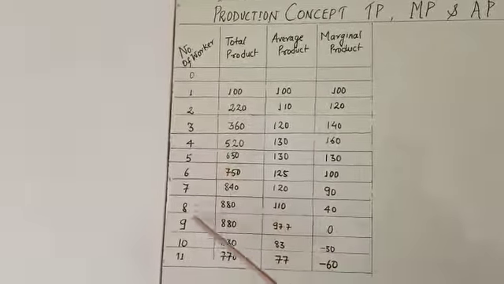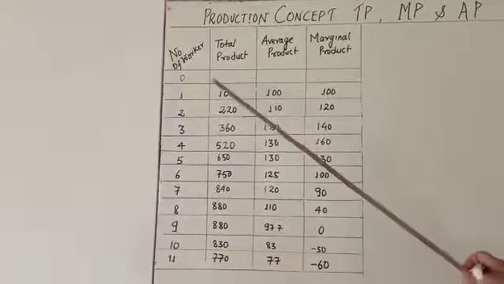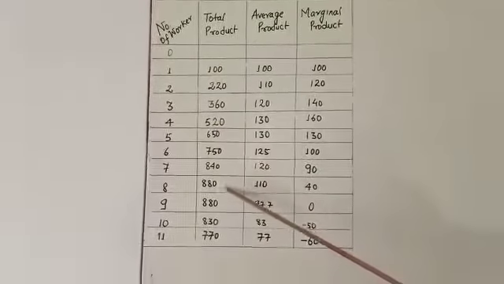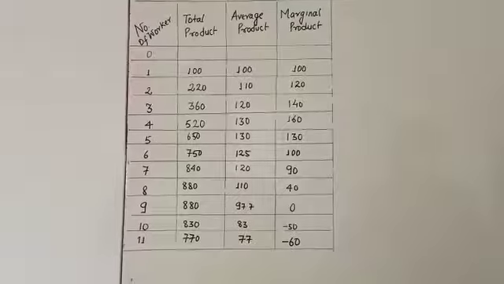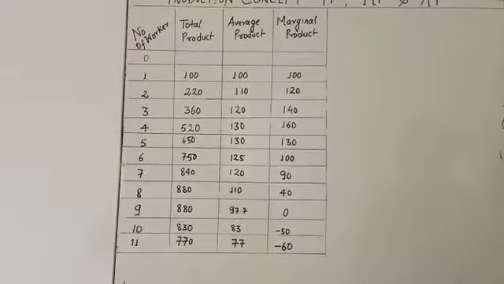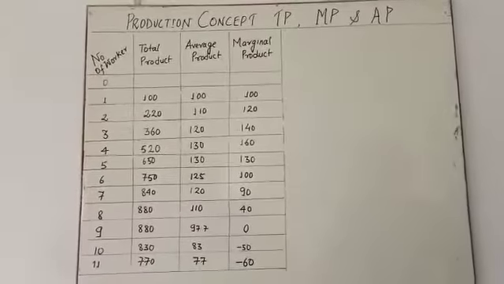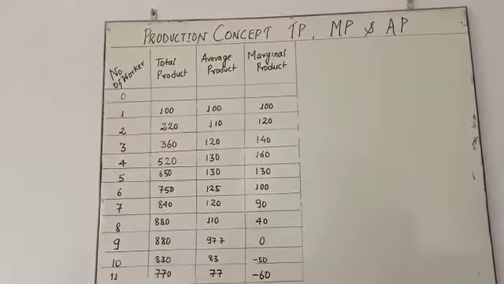Okay. Sequentially, you have to follow certain criteria. When the number of workers increases here, the production increases as well.